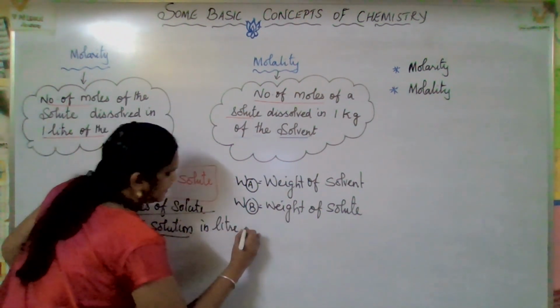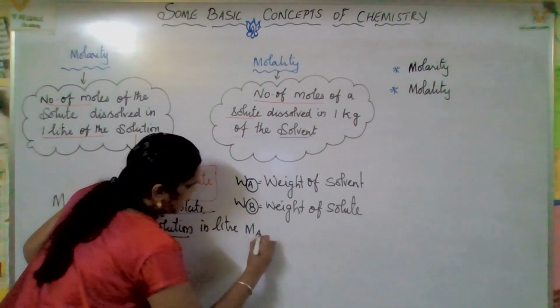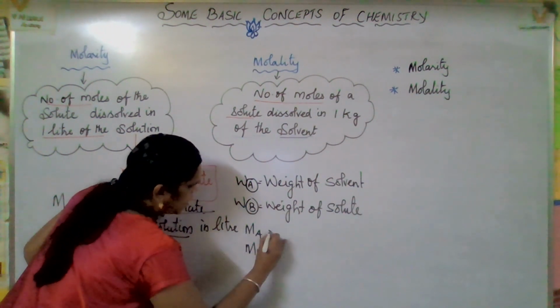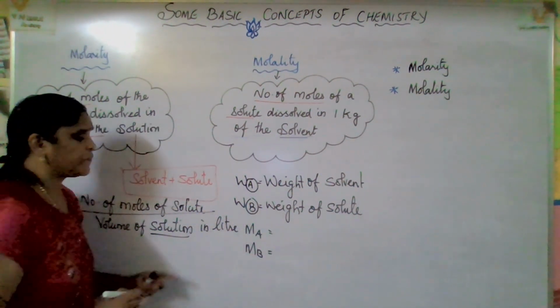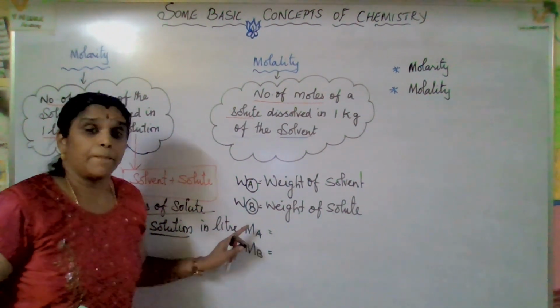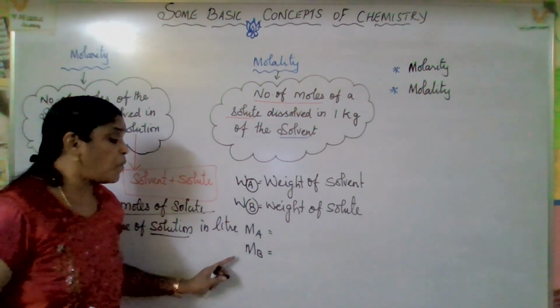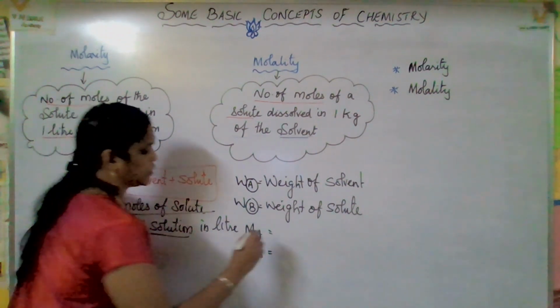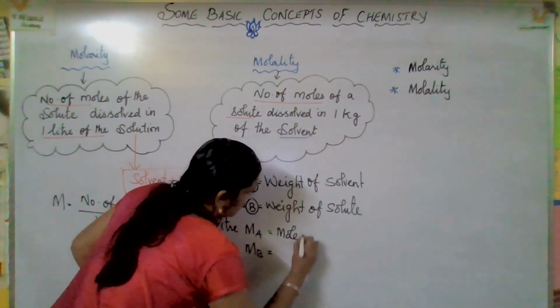Okay, now one more thing: MA and MB. What are MA and MB? MA is the molecular mass of the solvent, and MB is the molecular mass of the solute.